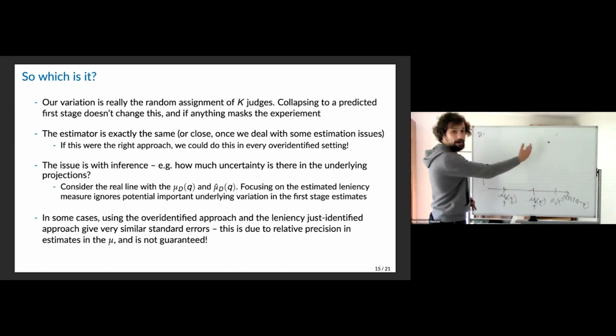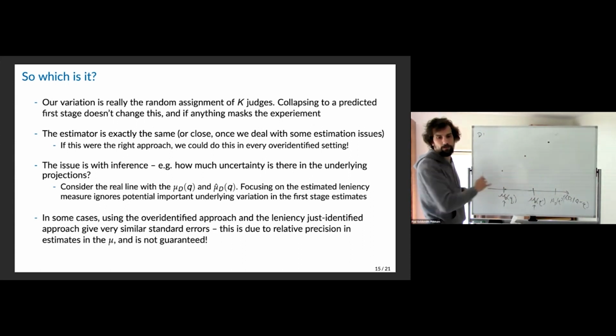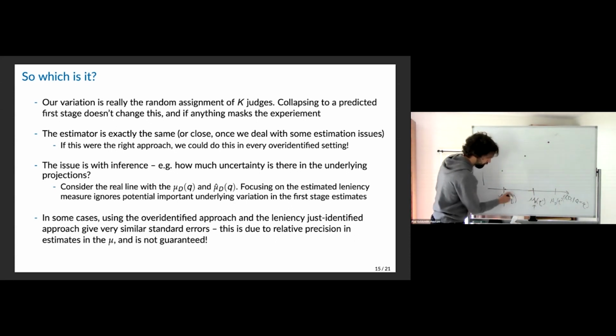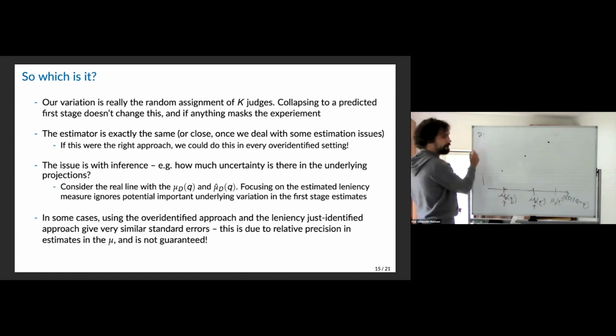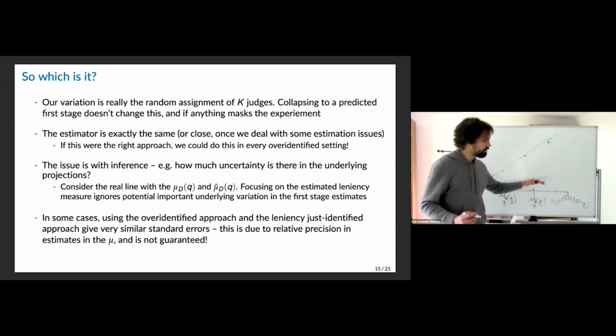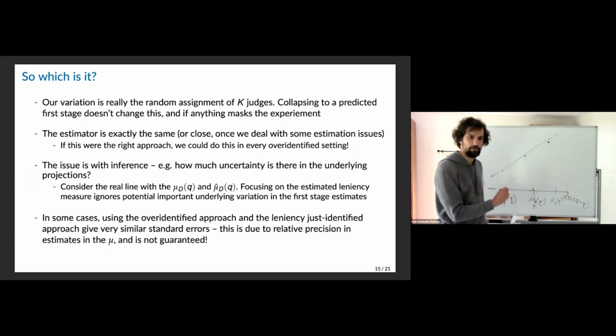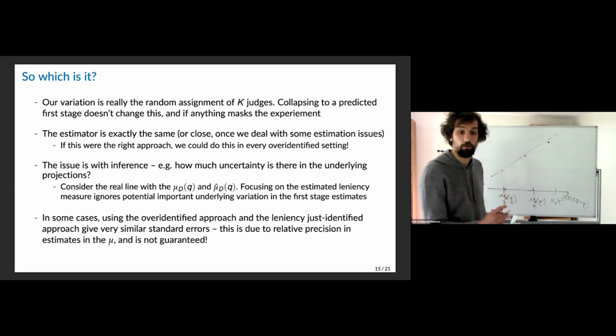So this is what you'd like for the bin scatter, right? So assuming that lots of things hold, that's what that bin scatter was arguing, is that we have these underlying leniency measures, and here's our D, and so then we have this nice upward sloping thing. But by projecting this linear thing, what we were ignoring is the fact that some of these are better estimated than others, right? So some of our judges are going to be better estimated than others.